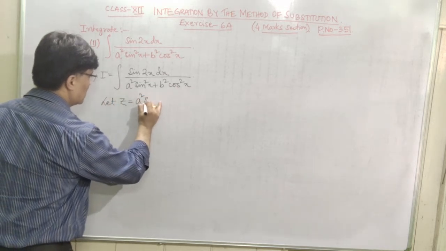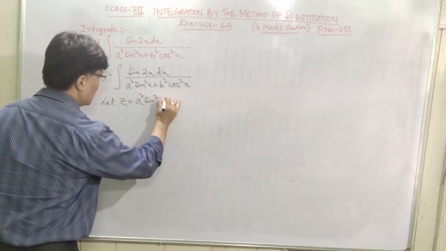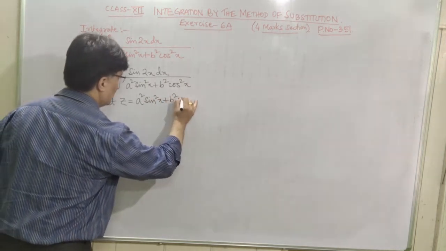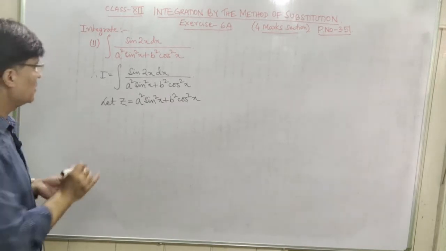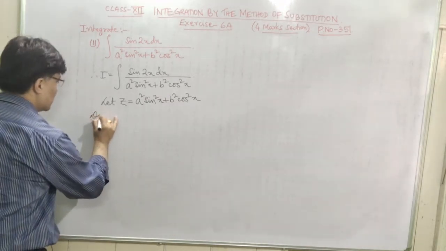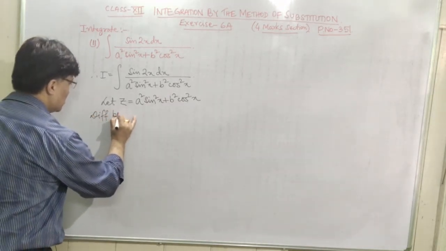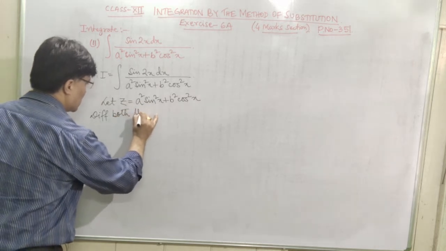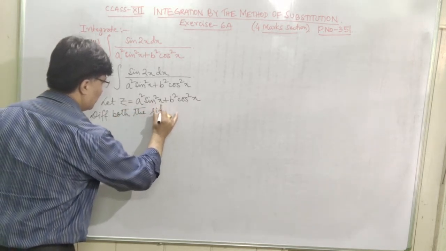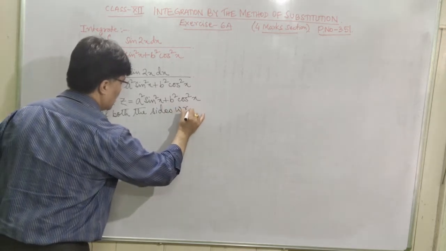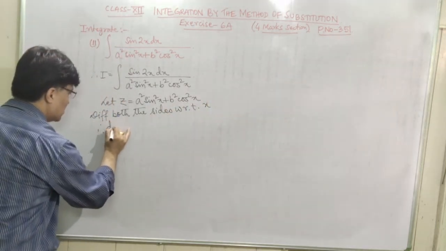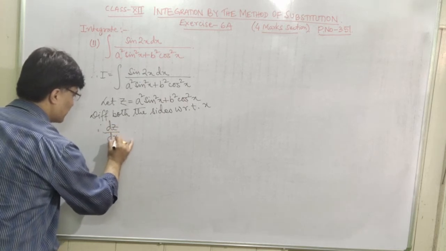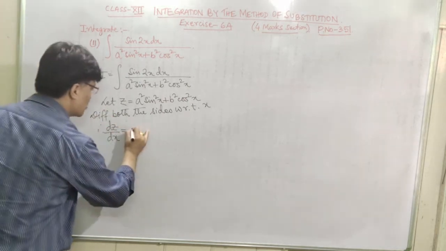Z is equal to a² sin²x + b² cos²x. Is that clear? Let us differentiate both the sides with respect to x.